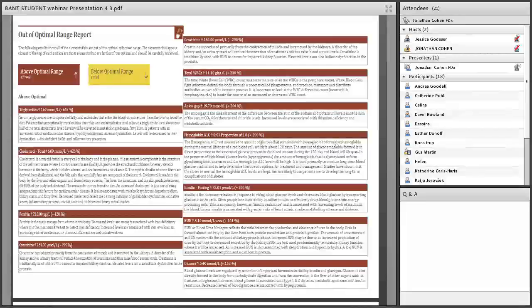I quote, it is the main storage form of iron in the body. Decreased levels are strongly associated with iron deficiency, where it is the most sensitive test to detect iron deficiency. Increased levels are associated with iron overload, an increasing risk of cardiovascular disease, inflammation and oxidative stress.